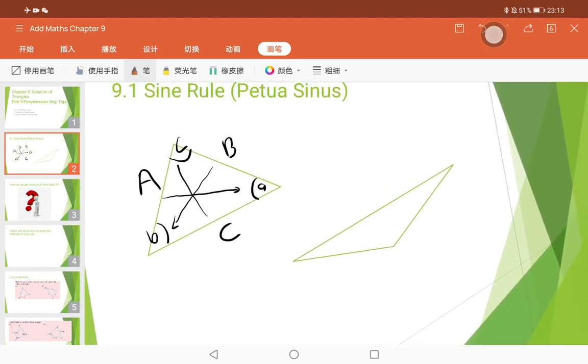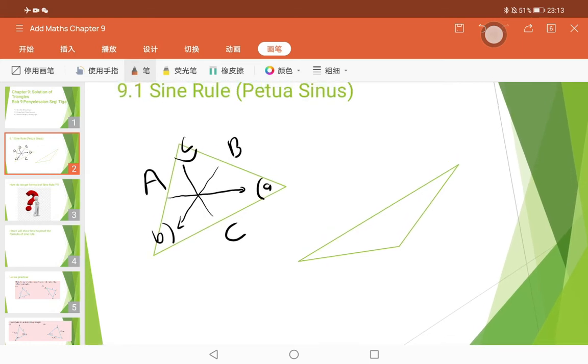So what do you mean by sine rule? The definition of the sine rule is a ratio between the lines and the sine of the angles here.